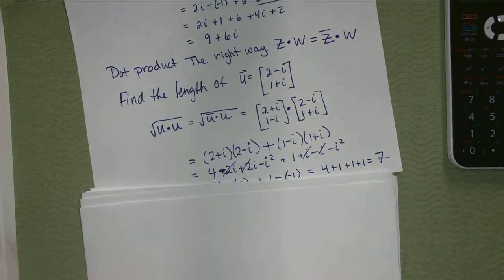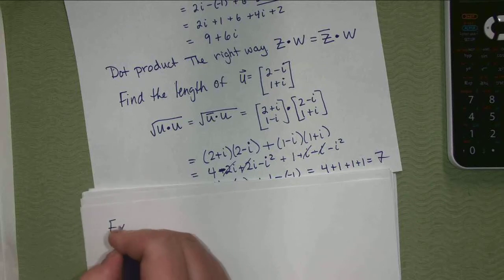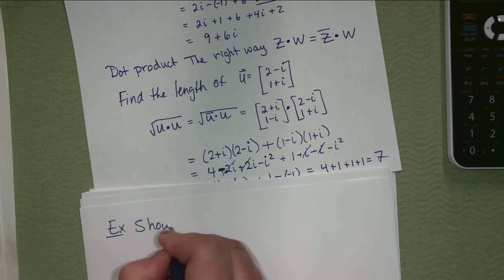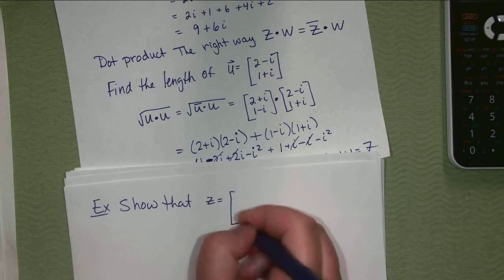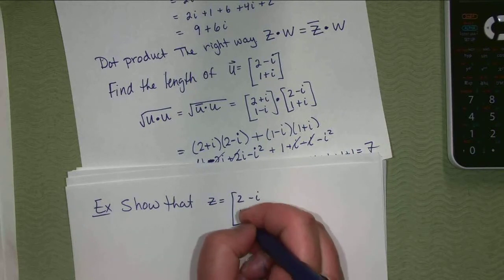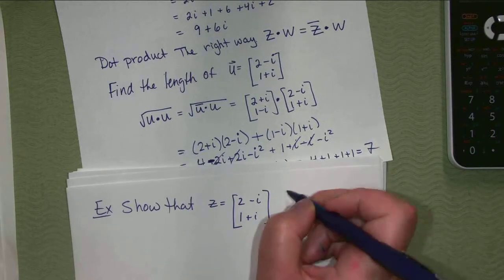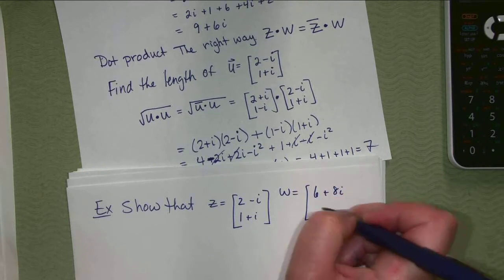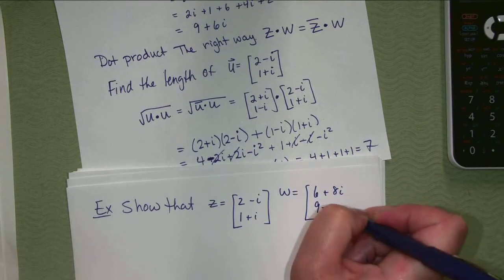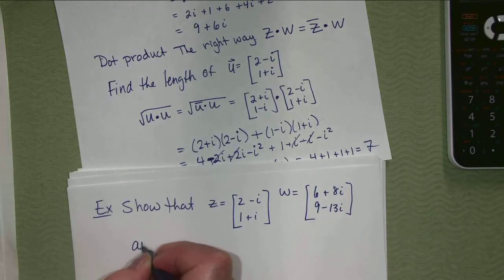So, an example might say: show that z equals 2 minus i and 1 plus i, and w are orthogonal.